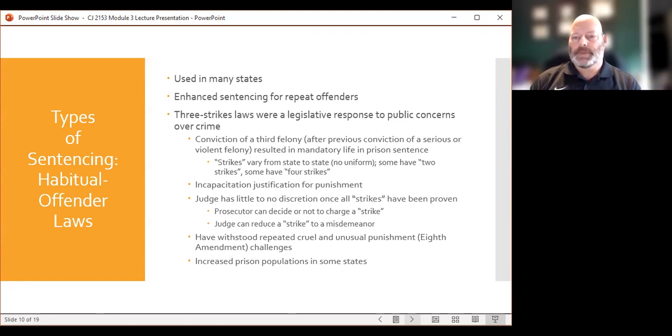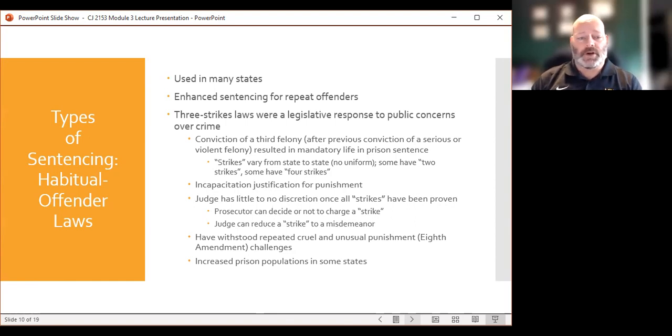And an important note is that the prosecutor can decide whether or not to charge a particular strike. They may reduce a crime to a misdemeanor or not impose it as a violent felony. And the judge can also reduce a strike to a misdemeanor.